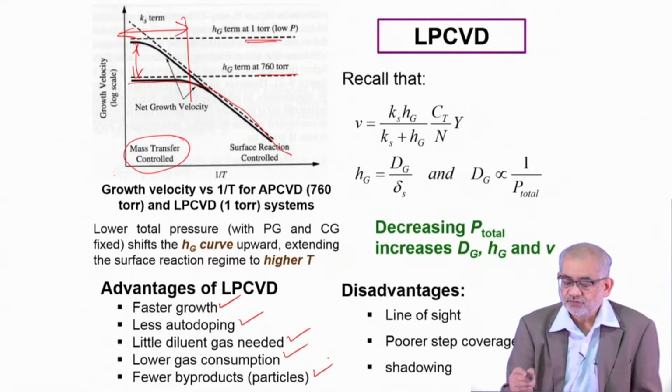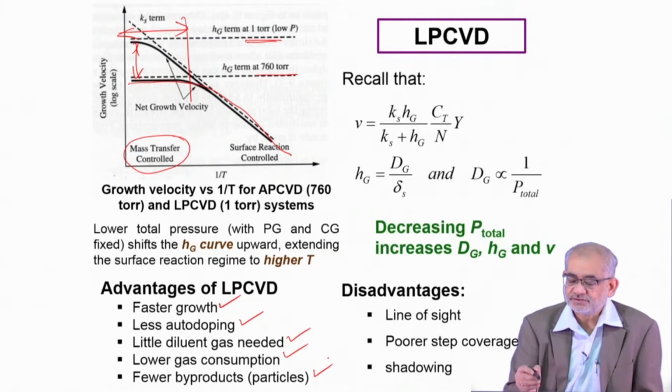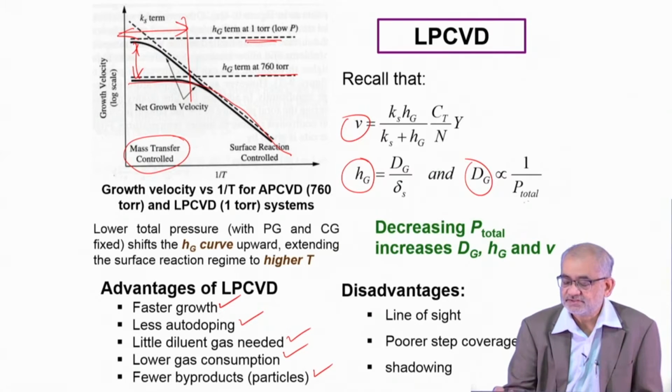Overall, the velocity will depend upon the partition coefficient and the convection coefficient, and the convection coefficient in turn is dependent upon the layer thickness and the diffusion coefficient of the gas, and the diffusion coefficient in turn is dependent upon the pressure.